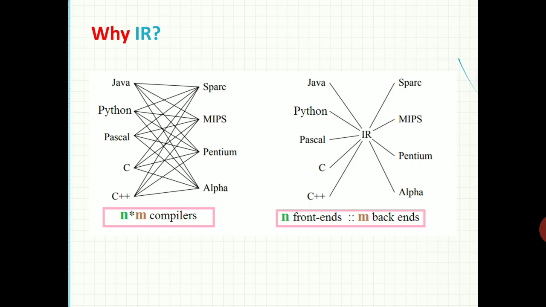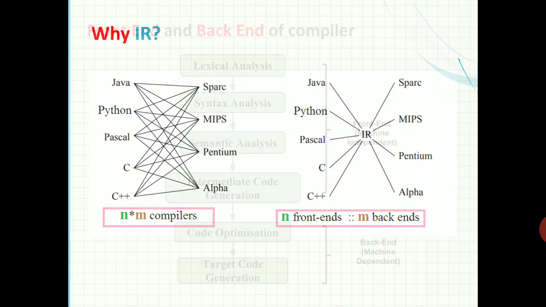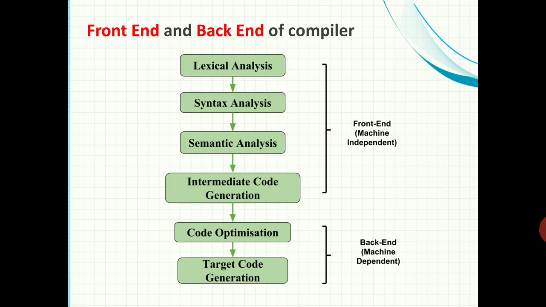If we are not using intermediate code generation, then n into m compilers are necessary for these 4 platforms and 5 programming languages. If we are using intermediate representation or intermediate code, then we just need n front ends and m back ends. We convert the program into intermediate code, and from that we can convert to the platform dependent or machine dependent target code.